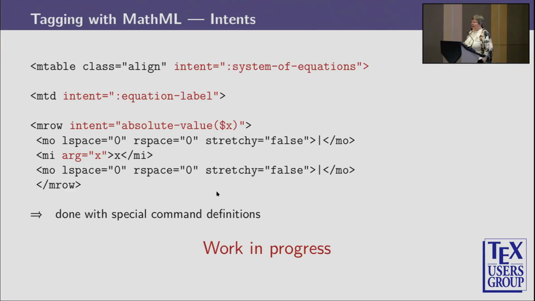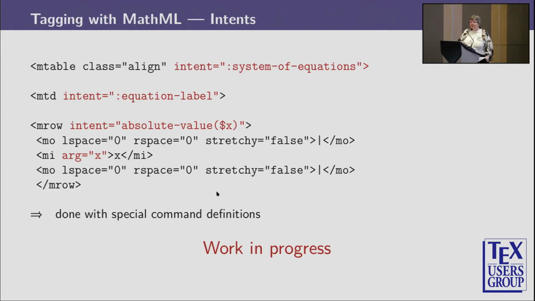So the MathML should contain an abs. You can define this, we have a command for this, but here you really need to redefine commands. If you want to have an intent, you have to redefine them so that they add the intent.